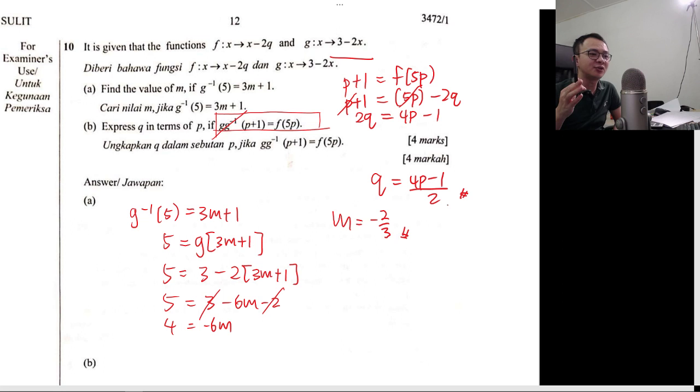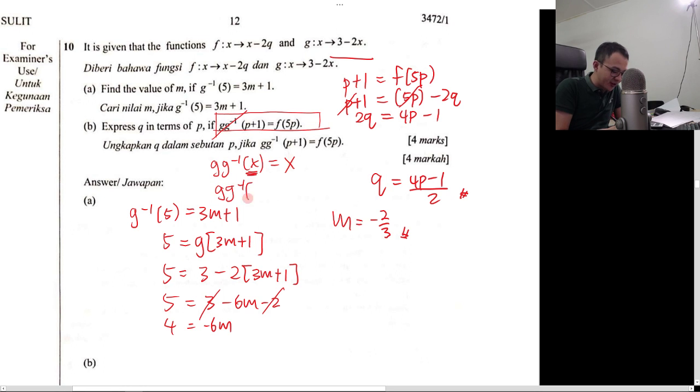Yeah, g inverse of x will equal x. But over here you don't have x, right? So you just are left with the p plus 1. If you have g inverse of p plus 1, you will be left with p plus 1 here.